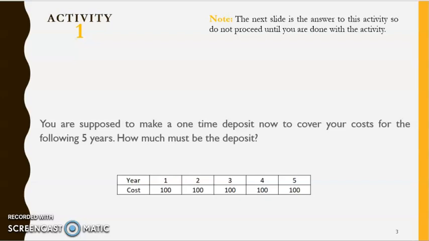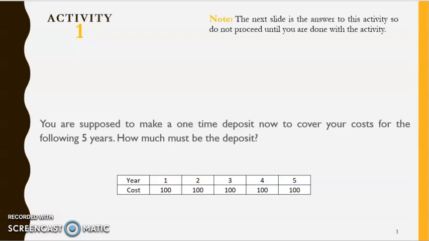As you can see in the slide in front of you, here we have 5 years. In year 1, the cost is 100, year 2 cost 100, years 3, 4, and 5, 100.